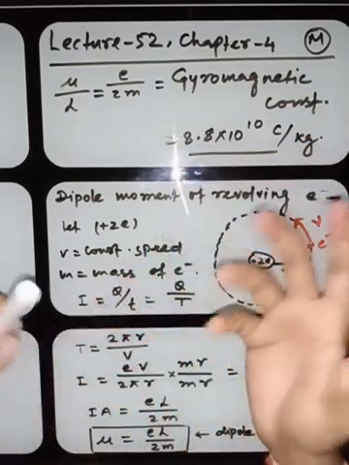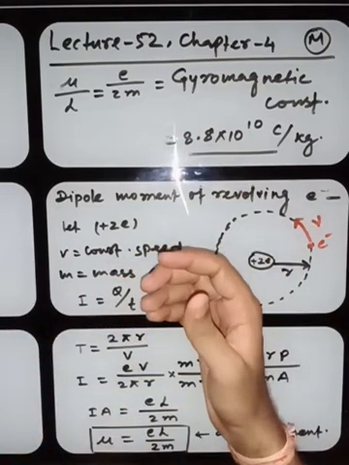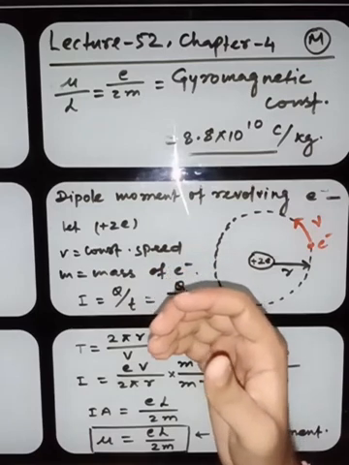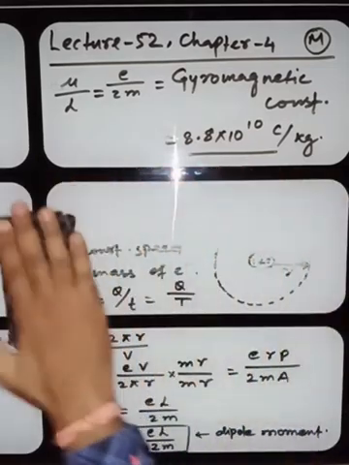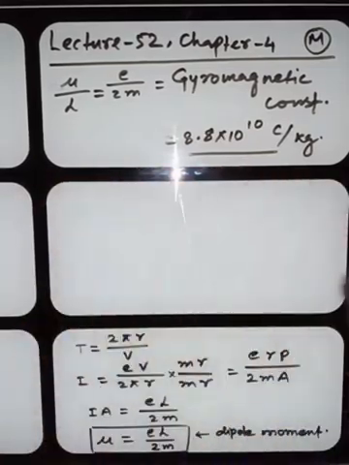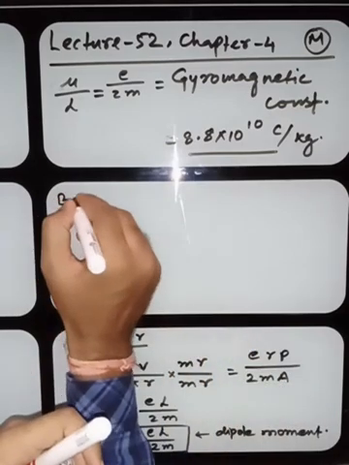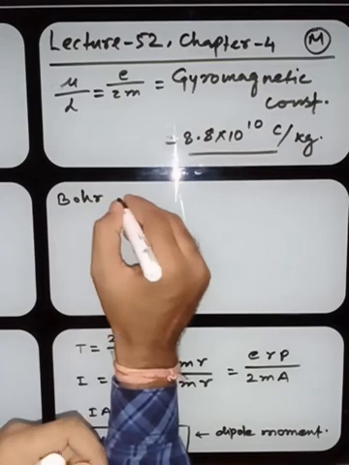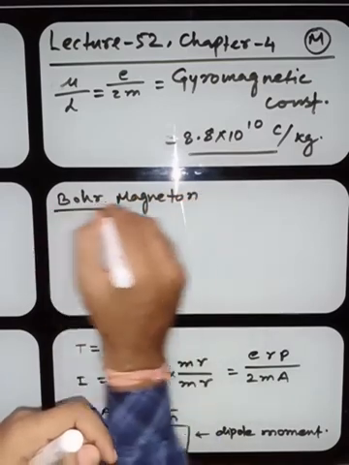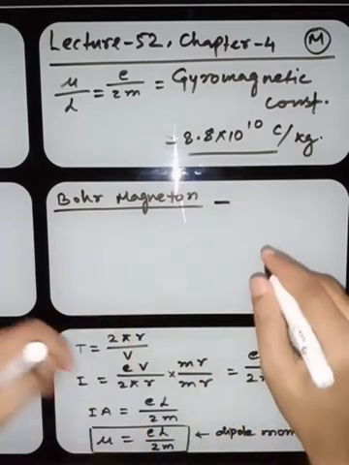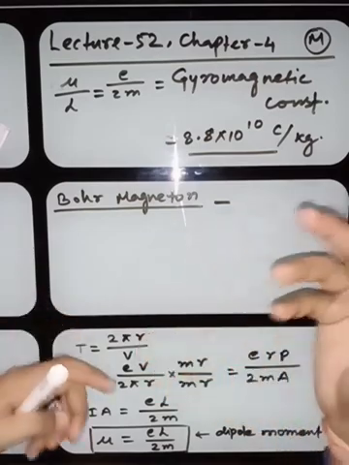One more topic related to this, mentioned in your NCERT, is the Bohr magneton, which is also very important. So give the heading Bohr magneton. What is this Bohr magneton, my dear student? Here we'll use the Bohr postulate.